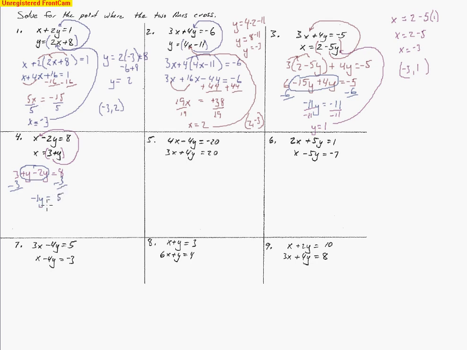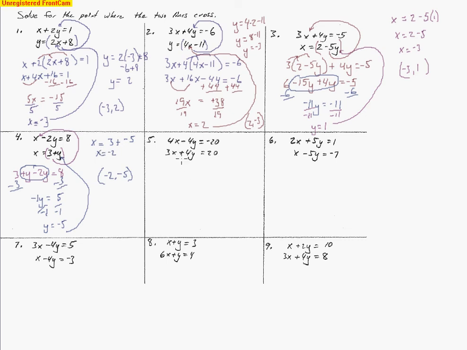When you divide by that negative 1, you end up with y equals negative 5. Take that negative 5, substitute it right in for that y, and that bottom equation will work, or the top, either one. And so we end up with 3 plus negative 5, which makes negative 2. So x is negative 2 and y is negative 5. You write the answers in ordered pair because that's where the two lines cross.